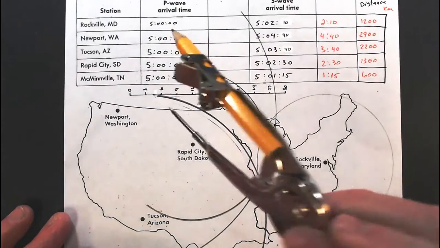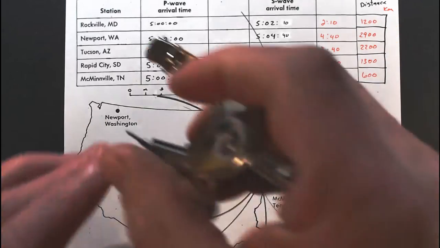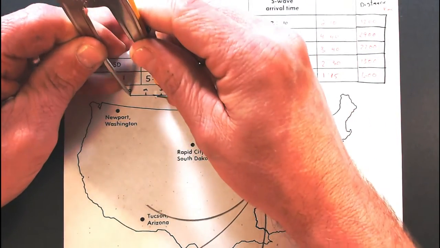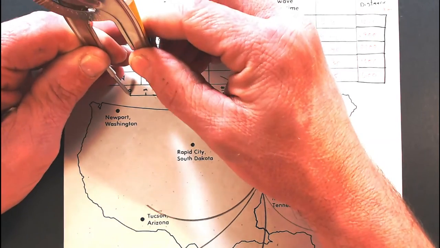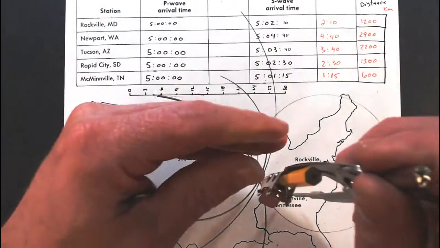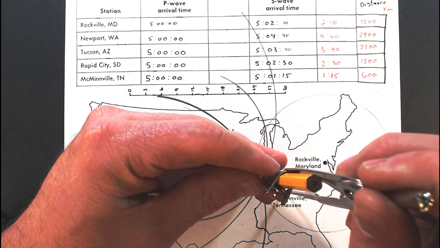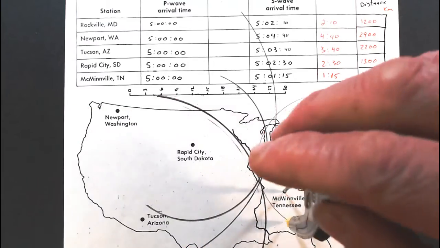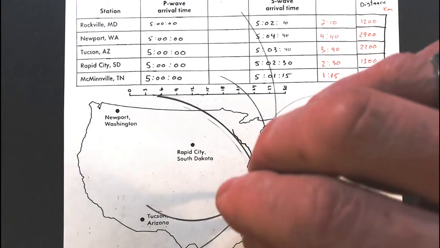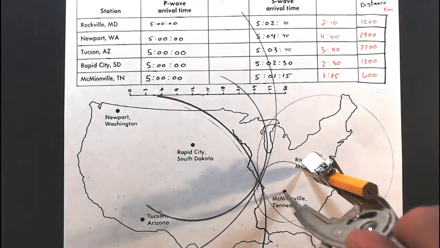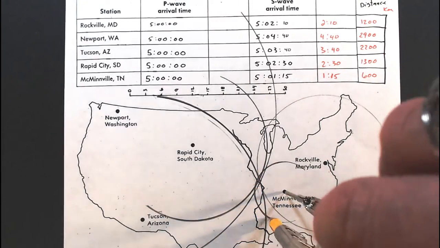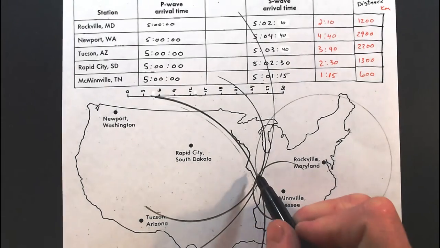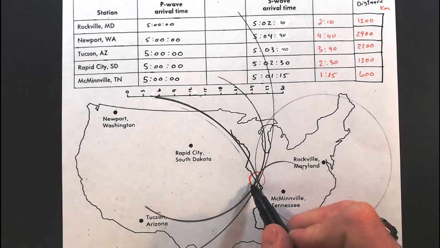And then we can do the same thing with McMinnville, which is 600. So we're going to bring that right here, bring it down to the 6. Touch that, and McMinnville. Okay. Alright. Let me come around. Alright, you can see. So we have a pretty good idea where that earthquake took place. We can see that it took place right here.